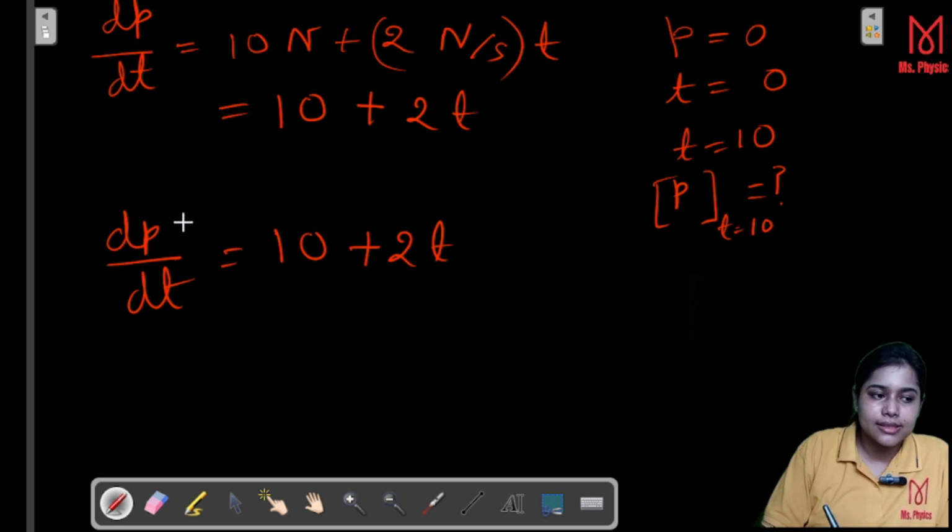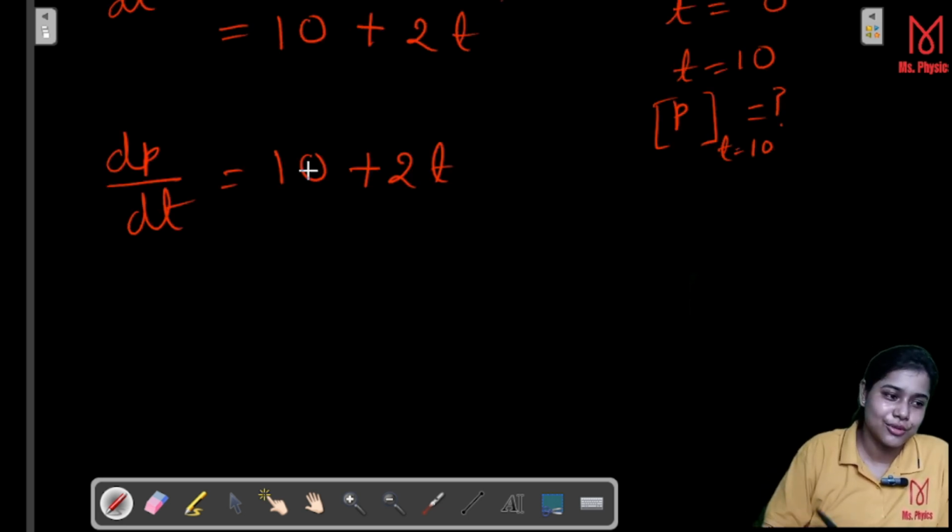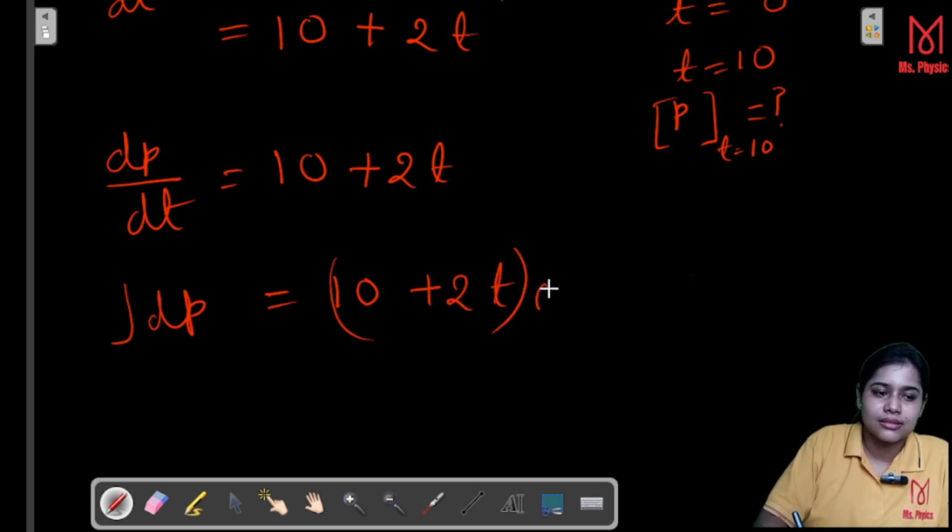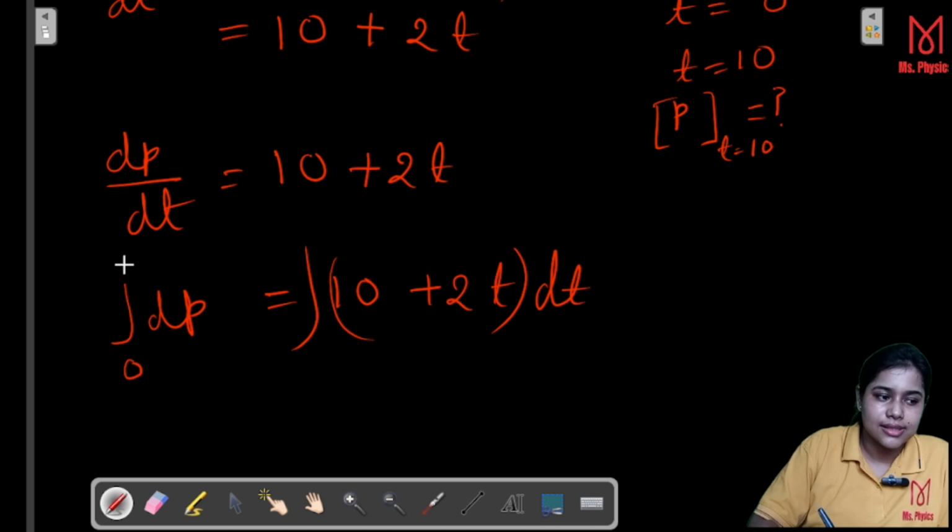So to get the momentum, what do we have to calculate? Very simple, integration. Mathematics, here you have to do. So integration over dp is equal to integral of 10 plus 2t dt. Very easy. Both sides you do the integration, and here the limit is 0 to p, and here the limit is from 0 to 10.